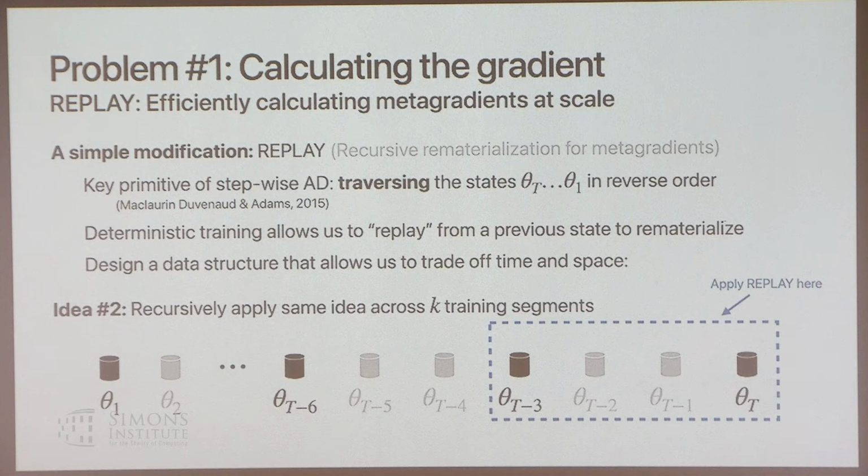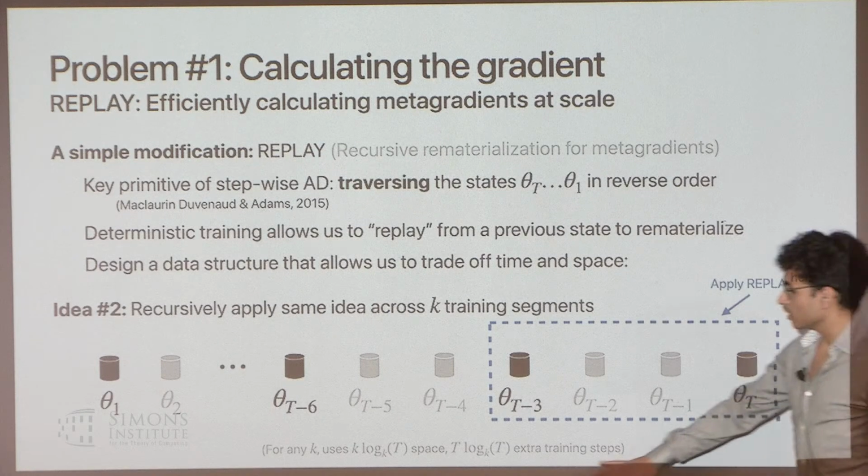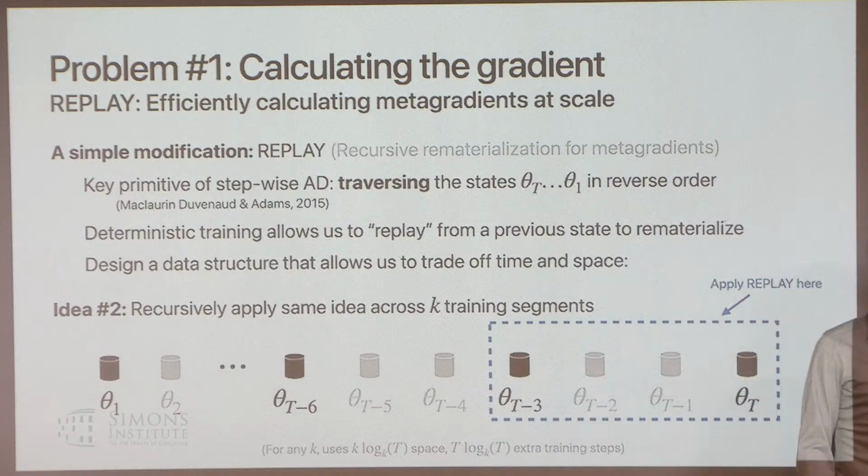And then within the segments of that, we'll go through and save every kth state until our segments are of length 1. People familiar with automatic differentiation will probably know this is just recursive rematerialization. And if you do out the math here, the idea is that this is now going to get us to just needing to save log T states, which is super doable for most large-scale models, at the cost of basically doing T log T training steps.